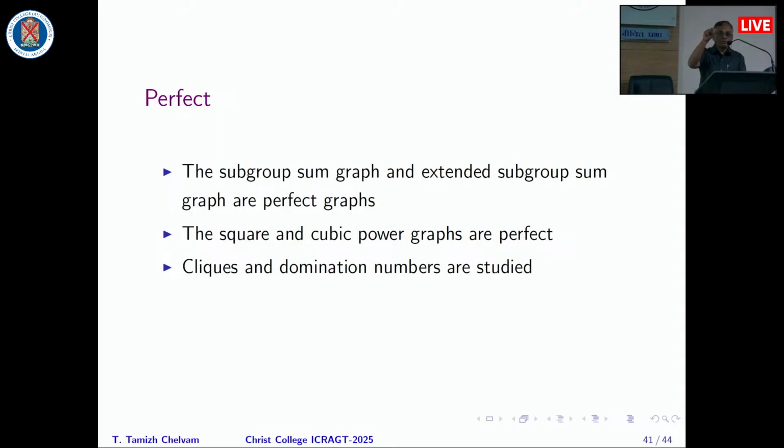G is an abelian group; I am talking about Zn, with respect to addition modulo n. If n is an odd number, then 2 is a generator of Zn, and then every element is a multiple of 2. So the graph is complete, the complete square sum graph.